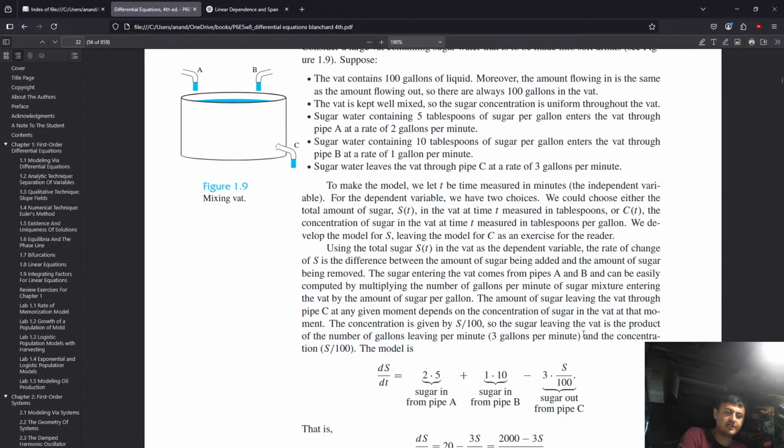Okay, so they make the model now. So dS/dt is equal to 2 gallons per minute times 5 tablespoons per gallon, which gives us 10 tablespoons per minute. Okay, then plus 1 gallon times, what is it, 10 tablespoons per gallon.